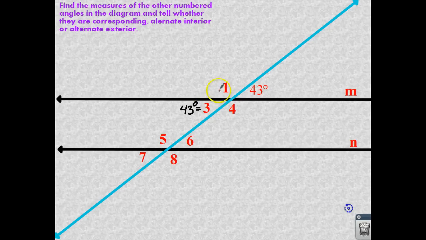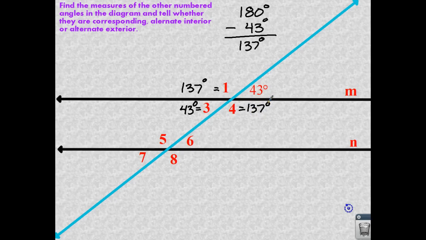And finding angle 1 must be the supplement to 43. So we go 180 degrees, subtract 43 degrees, and we get 137 degrees. So angle 1 is 137 degrees, and by vertical angle rule, we have angle 4 also being 137 degrees.